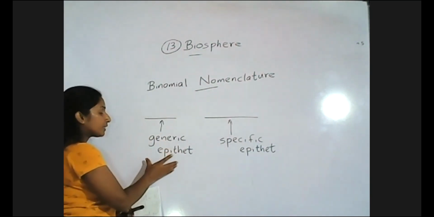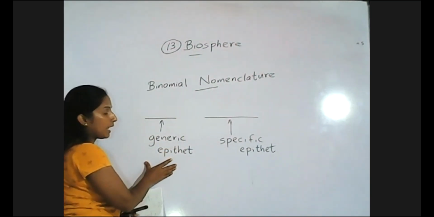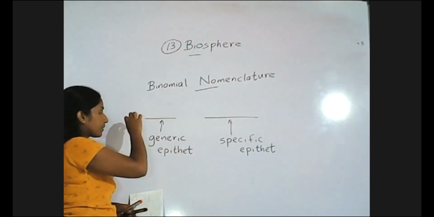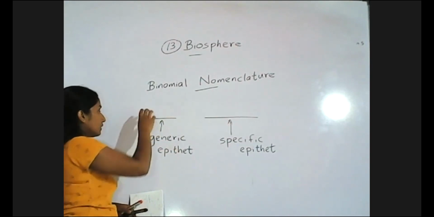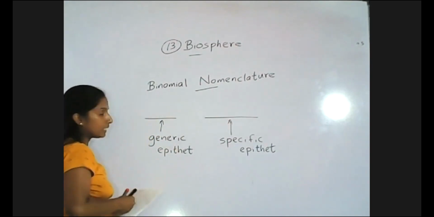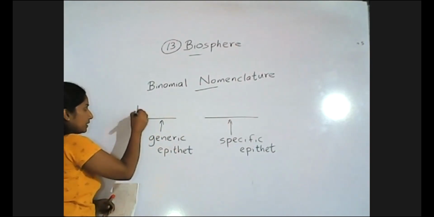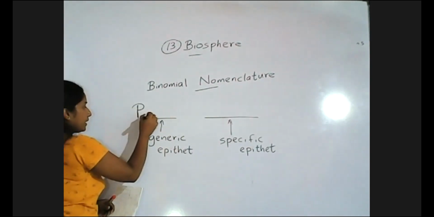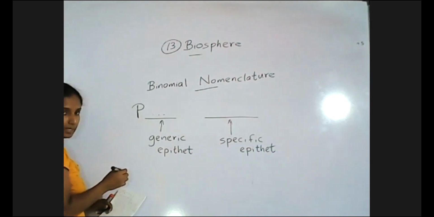When we write the name of an organism using the scientific method, we use the English terms. The first letter is a capital letter, and all the other letters are simple letters.